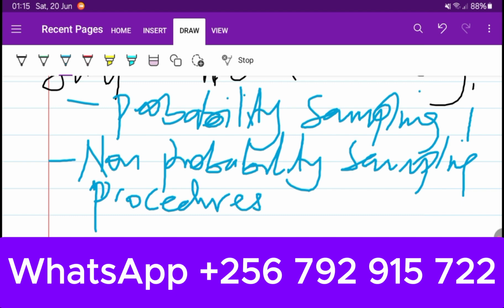Why do we use samples rather than using the entire population? Of course, we looked at some of these things, but we want to repeat ourselves so that we can get a deeper analysis of what we are trying to look at.